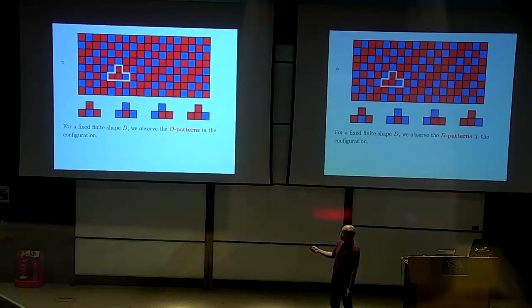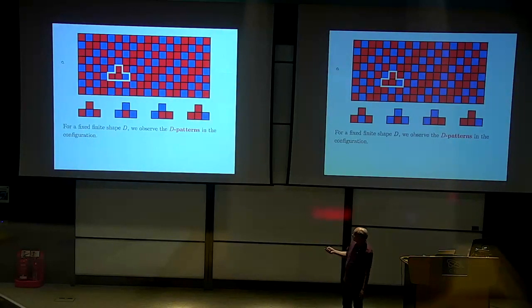I call these D-patterns, if D is the shape. Notice that this shape doesn't need to be connected, it's just a finite subset of cells. It can be a totally disconnected collection of cells. You still slide it around across your configuration, and you record the patterns that you see.